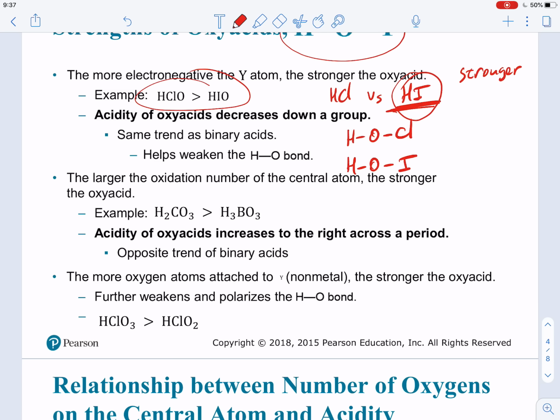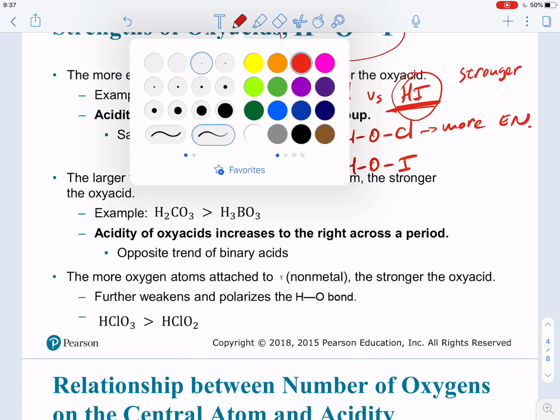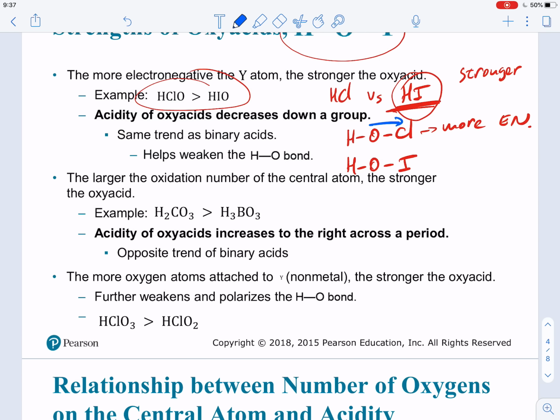Now, because chlorine is more electronegative, remember, the electronegativity means the atom is pulling electrons toward itself, right? So because chlorine is more electronegative, it is pulling more electrons from oxygen than what iodine can do.